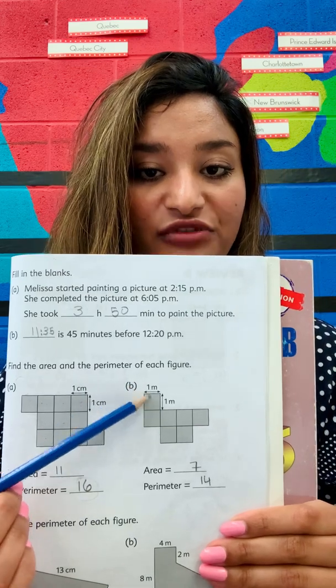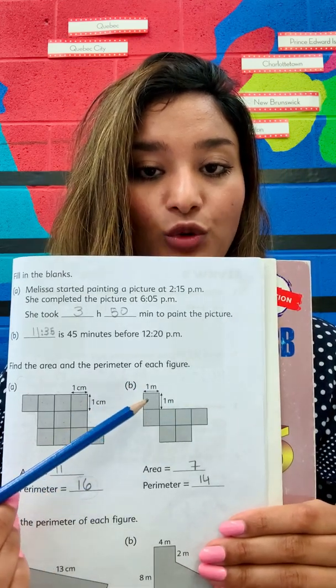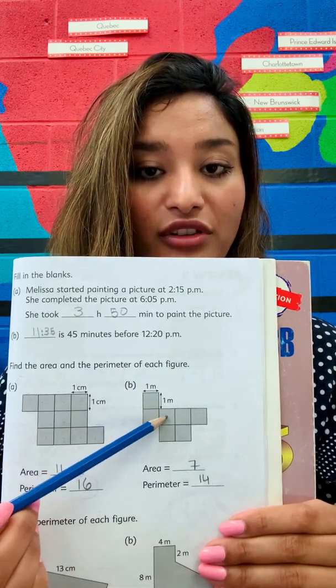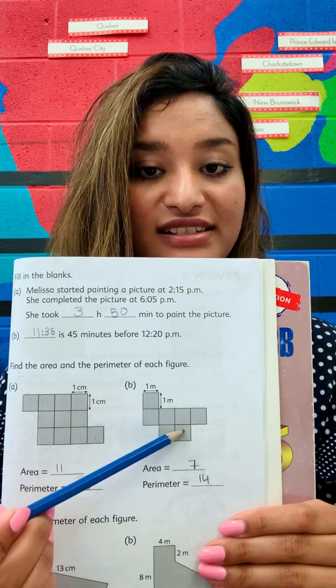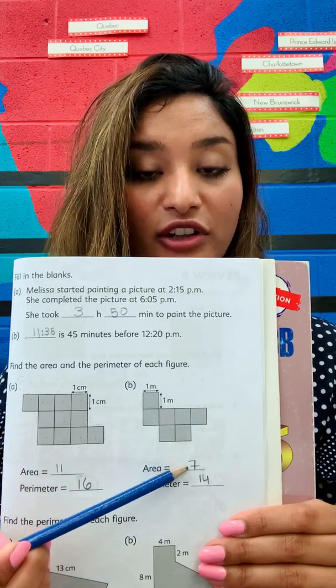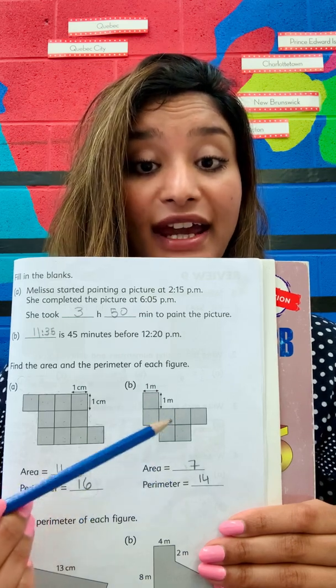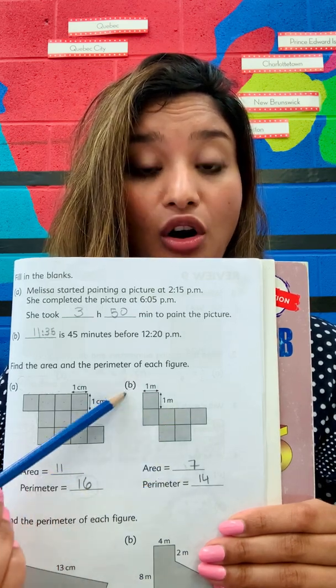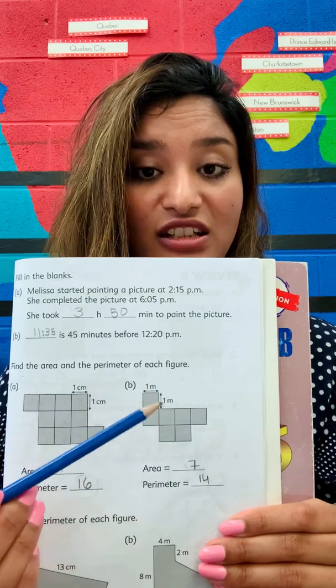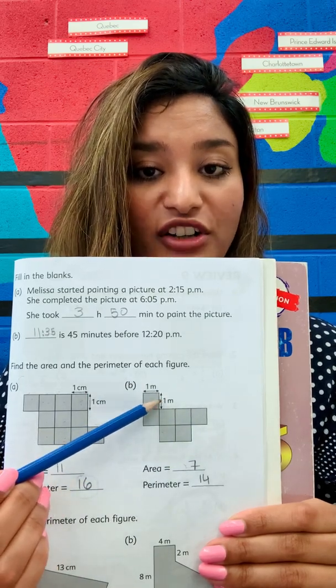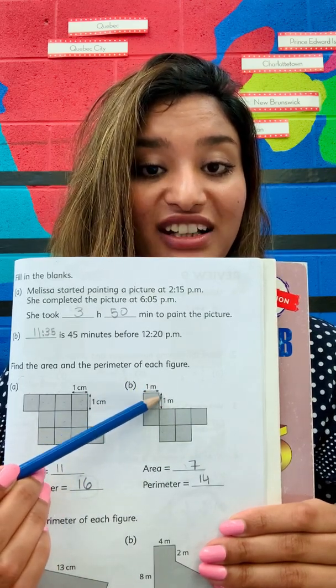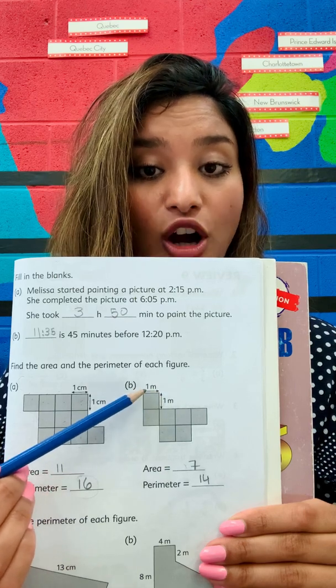Let's go to this figure. So our area would be 1, 2, 3, 4, 5, 6, and 7. So I write 7 for my area. Now I need to go ahead and count my perimeter, which is all of the sides that I see. So let's go ahead. Do you see this 1 meter, 1 meter? We are counting this side as well as the top, okay?